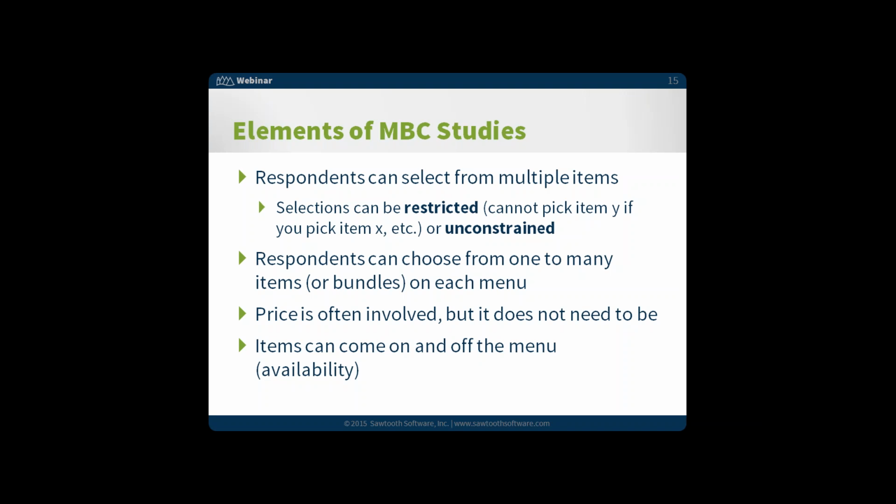You can think of a lot of examples where price really wouldn't need to be done. The other thing that's neat about menus is you can test what happens when items become available on the menu or disappear from the menu, and that becomes availability effects that you estimate to see what happens to the other items on the menu when a new item comes on.